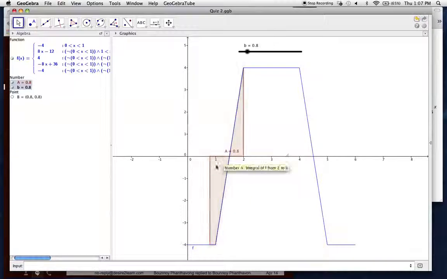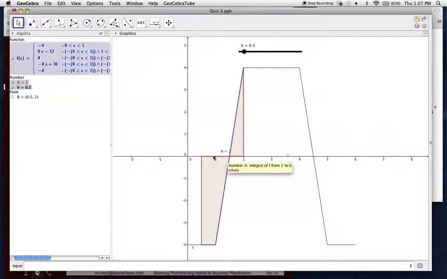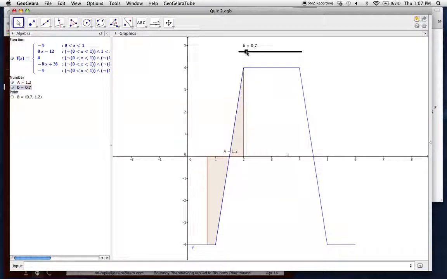So as I'm moving backwards through this section of the graph, I'm actually increasing the value of accumulated area, thinking of this as my starting point, moving backwards and accumulating these negative areas. So as I move backwards this way, when I get to x equals 1, the positive and negative pieces cancel out and I'm at 0. And continuing to move backwards on these negative areas gives me positive areas and a positive value of 4.